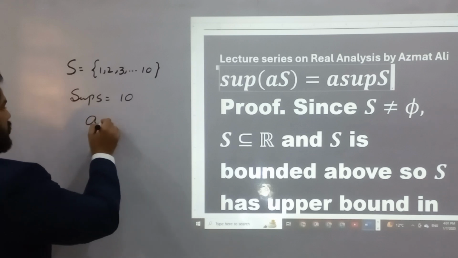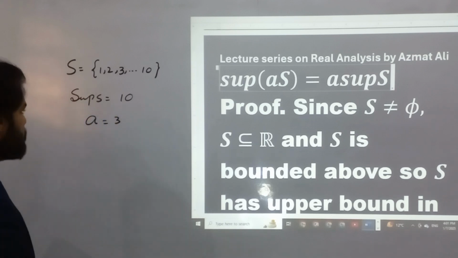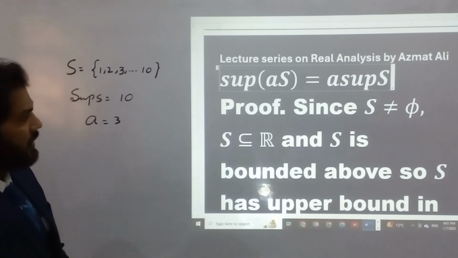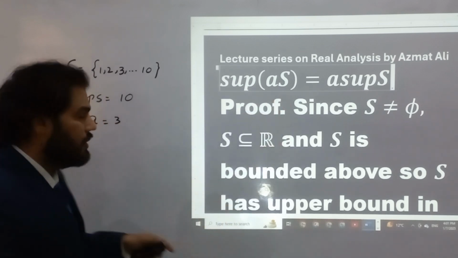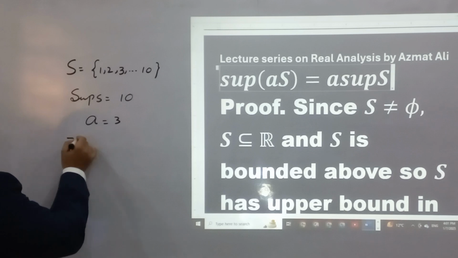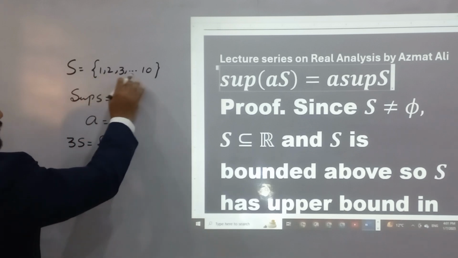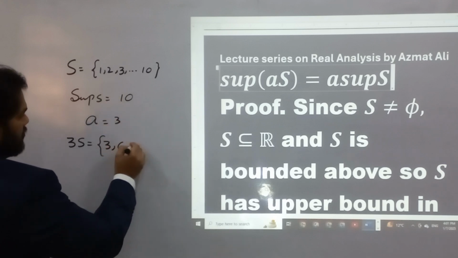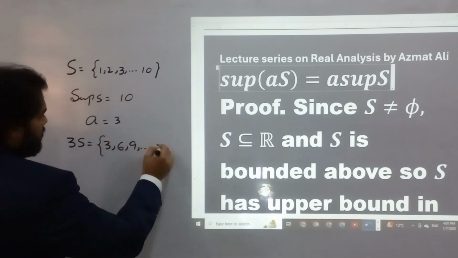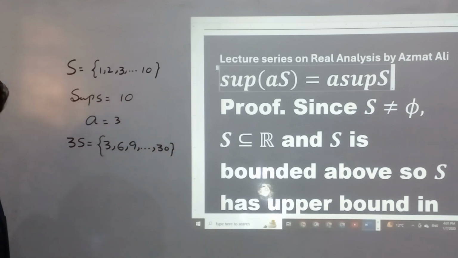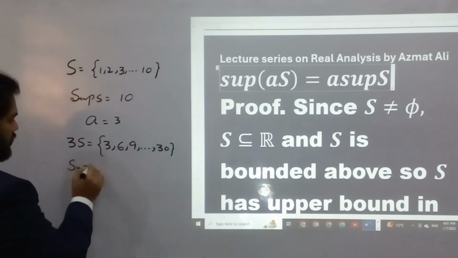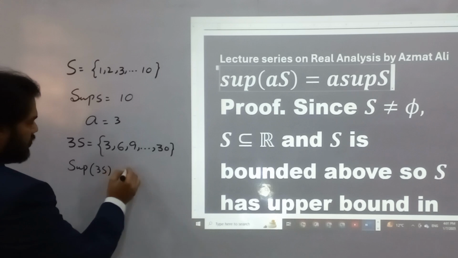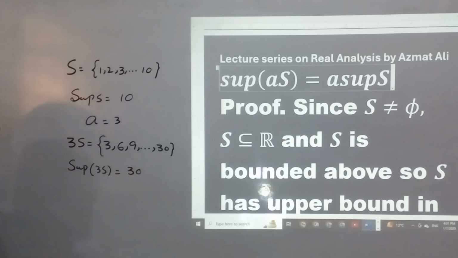We fix A equal to 3. Now we make a new set AS, that is here 3S. So multiply each element of set S with 3. We have 3, 6, 9, and the last element will be 30. Now what is the supremum of 3S? The supremum of 3S is equal to 30.